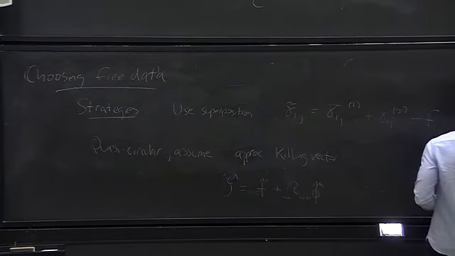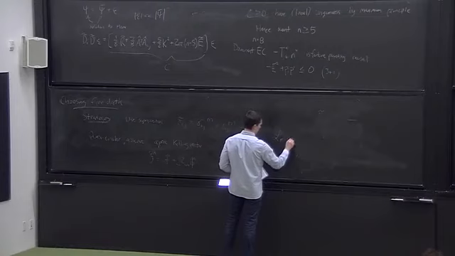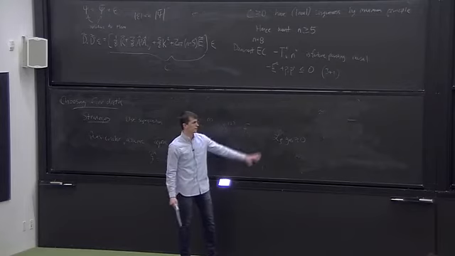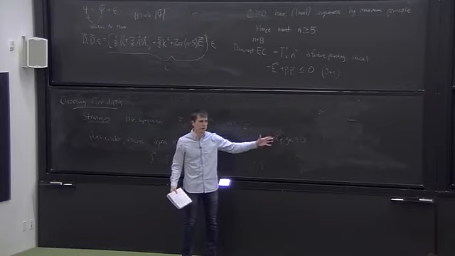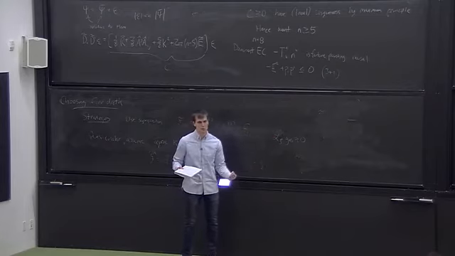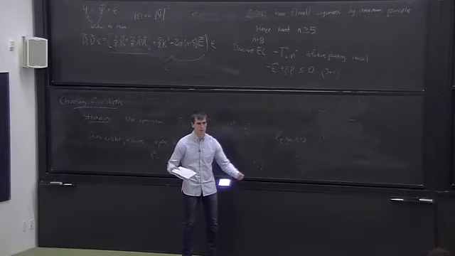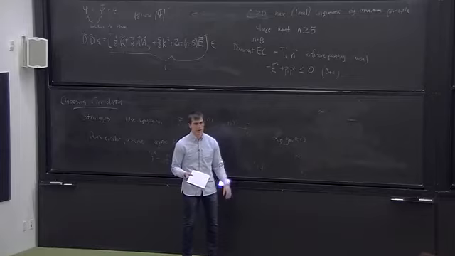The definition of the Killing vector is that the metric should be approximately 0 when we act with the Lie derivative with respect to that. Of course this is not exactly true. If we have 2 objects in a circular orbit, they'll be emitting gravitational waves and the orbit will be shrinking, so it won't be exactly the same.